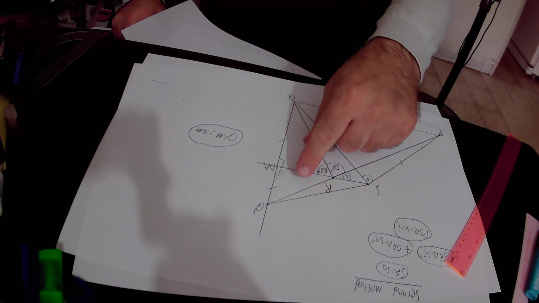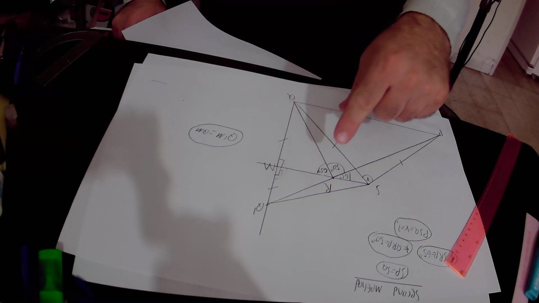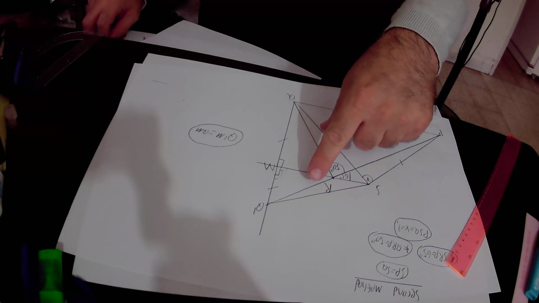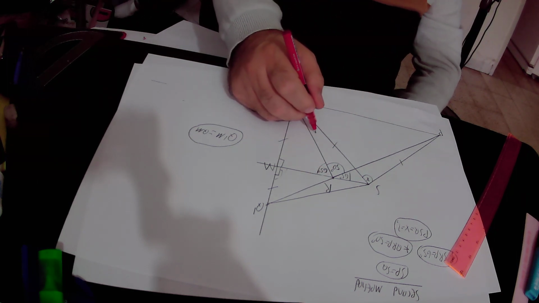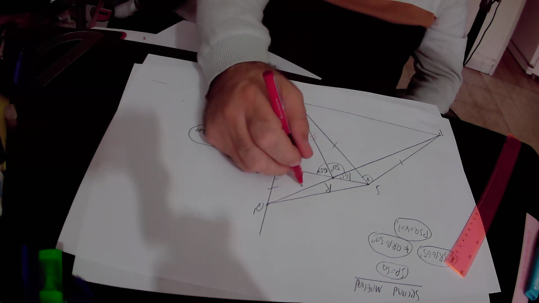Those two triangles can go into each other, therefore the corresponding sides will also be equal to each other. That is to say, QR is equal to Q dash R.